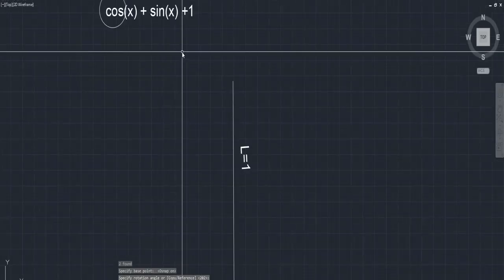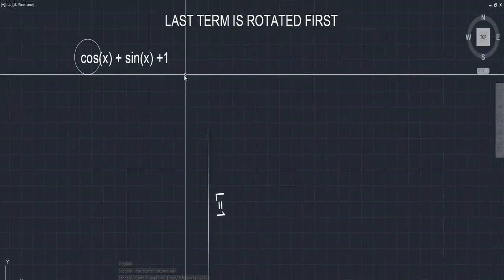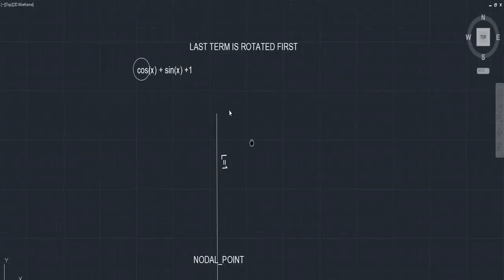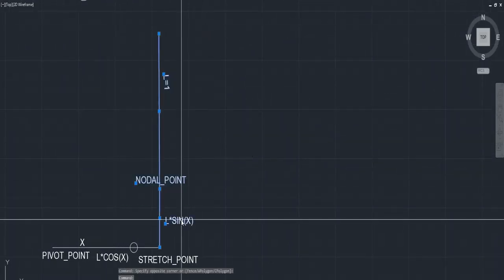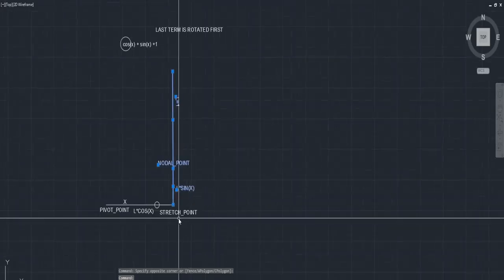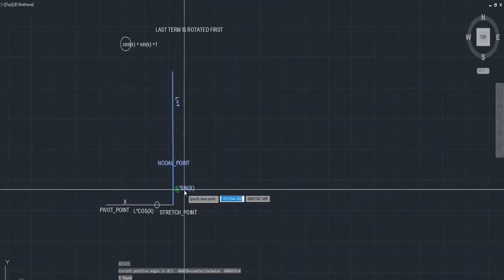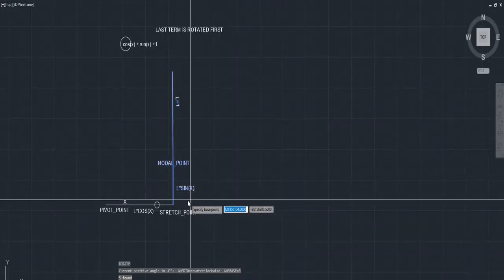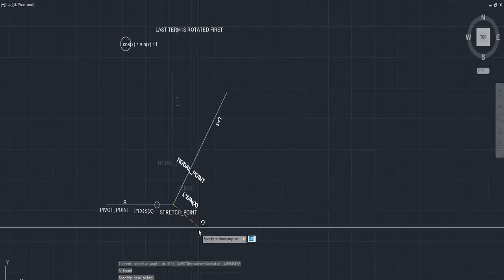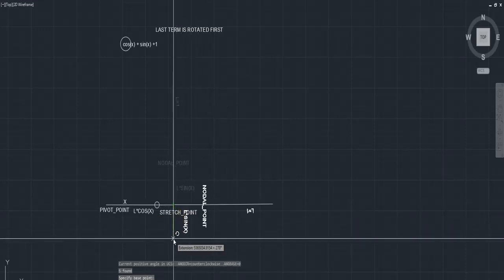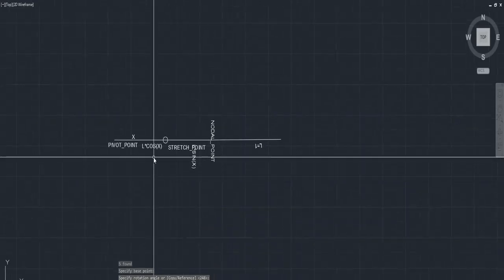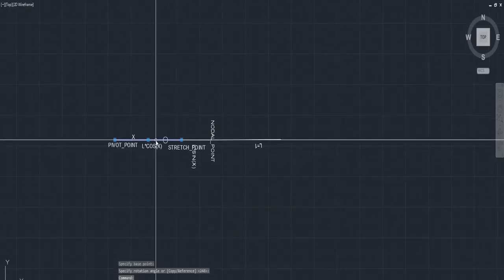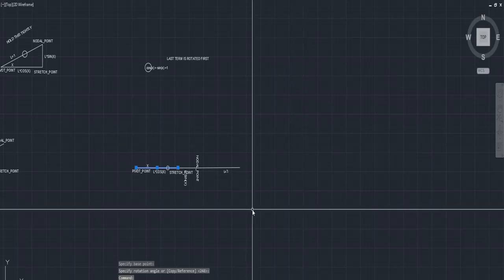So the last two terms, the 1 and sin x, become collinear, and after this collinearity is achieved, we are allowed to rotate the whole thing of sin x plus 1 about the stretch point to make the straightening occur. And L cos x is held tight because it is the first term.